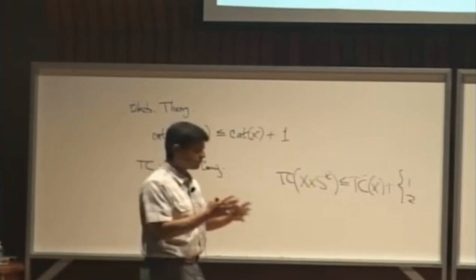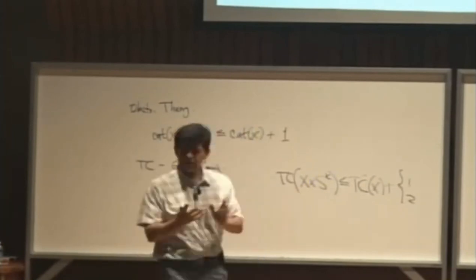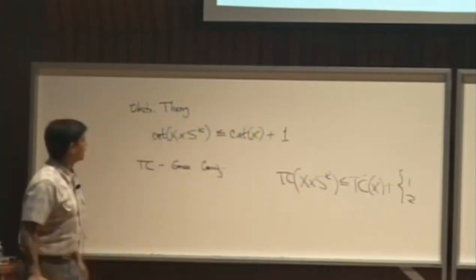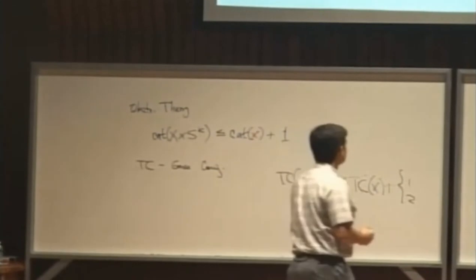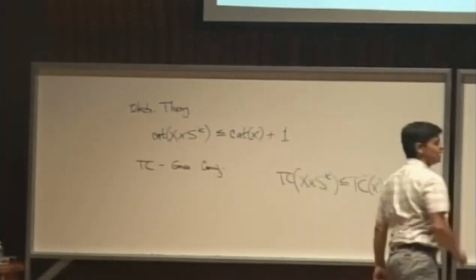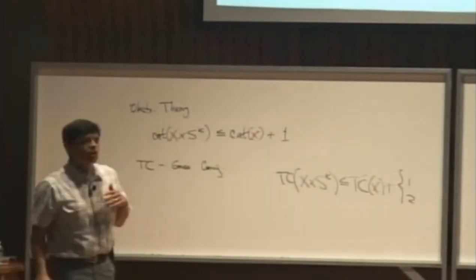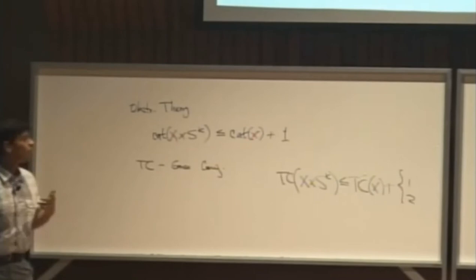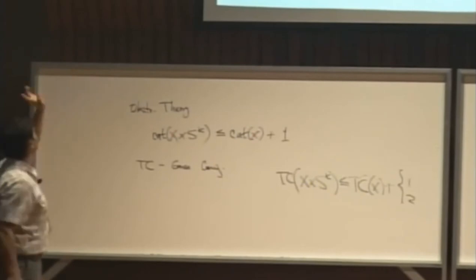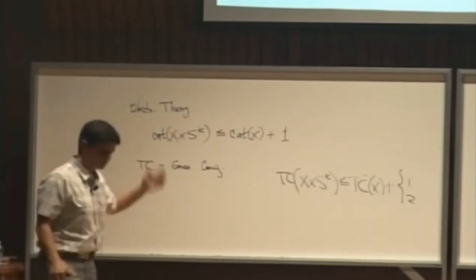In other words, for every clique of the graph, you add one simplex.